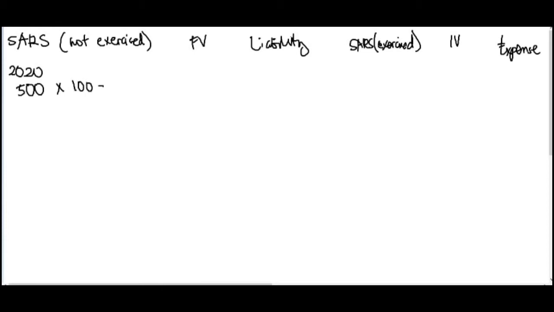Kaya ang SARs not exercised is 50,000. Then, hanapin nyo lang yung kanyang fair value. Naka-table din siya. Times 15, you have total liability of 750,000. Do your magic. Times 1 over 3. Kaya total liability is 250,000.